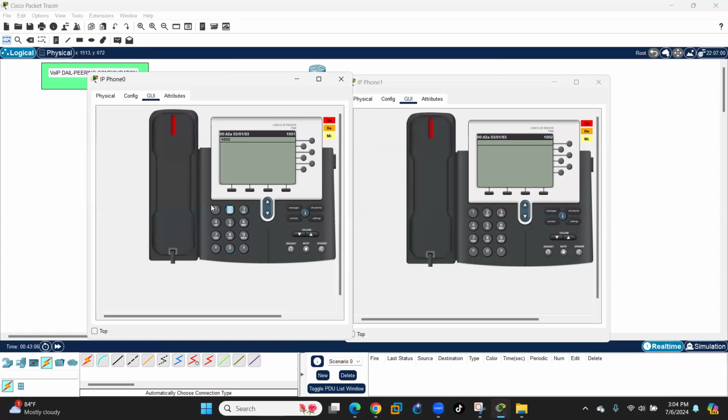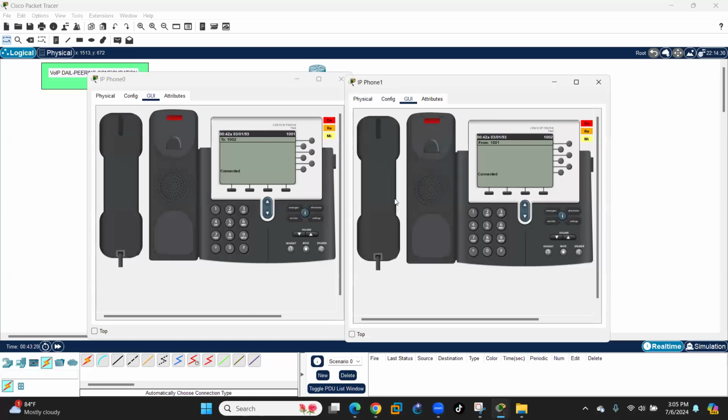You can see it's ringing. Pick it up now. I've picked it up. You can see it's connected.